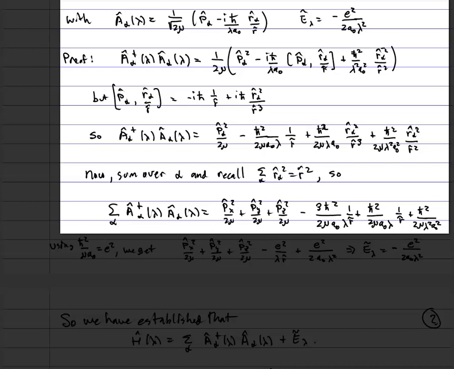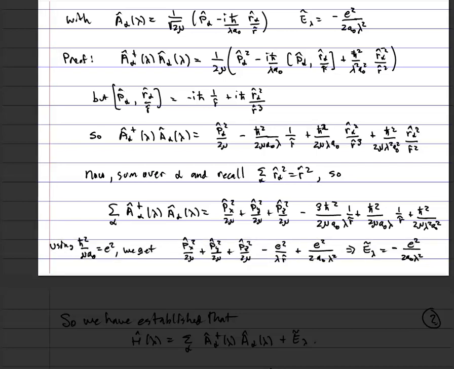I'm going to get plus h bar squared over 2 mu a0 lambda, 1 over r hat, because the sum over alpha of r alpha squared is just going to give me r squared. That's going to cancel 2 factors of r hat in the denominator. And then we're going to get plus h bar squared over 2 mu lambda squared a0 squared, because the r squared in the numerator cancels with the r squared in the denominator.